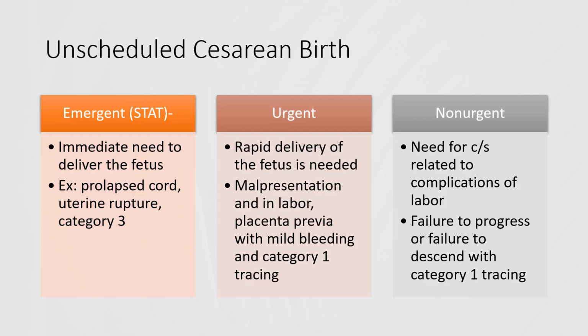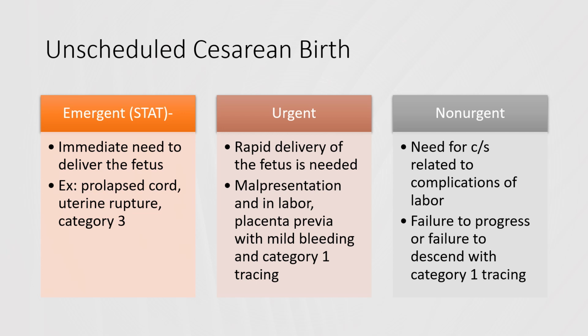So if it's not a scheduled C-section, the other type is an unscheduled. So these are ones that occur that we weren't expecting, okay? Or they come in labor, and then we need to do a C-section. So there's 3 different kinds of unscheduled. We have emergent, urgent, and non-urgent.